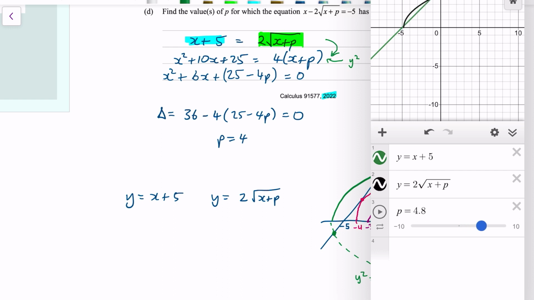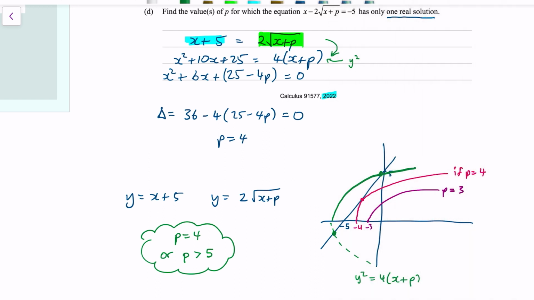When p is equal to 5, we get 2 because the square root is starting at the x-intercept of the line, but then if p is greater than 5, of course we've only got one solution. So the final answer to that problem should have been p is equal to 4 or p is greater than 5. And for me that's an excellent question, but I don't think NCEA expected students to pick up on that. Just be careful when you're squaring.